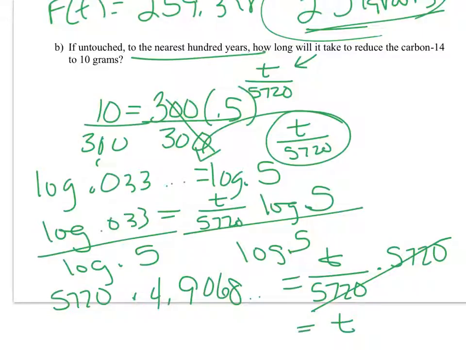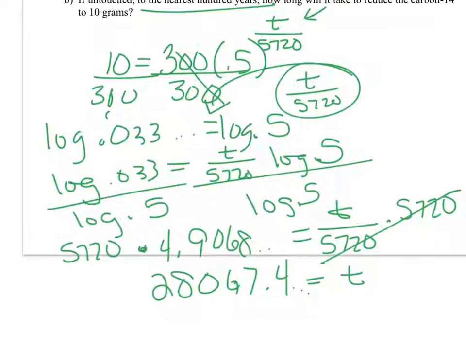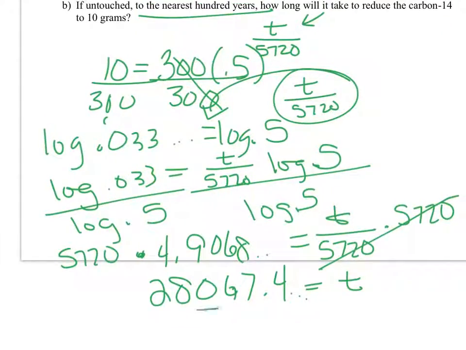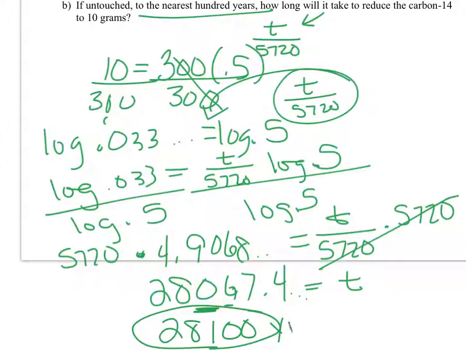And we're just going to be left with t over here. This multiplied together, 28,067 years, 0.4-ish, etc. So if I want to round to the nearest 100 years, the number's right here. So it's 28,000. I look here, this is a 6, so this goes up to a 1. 28,100 years approximately. Alrighty, have a good day.